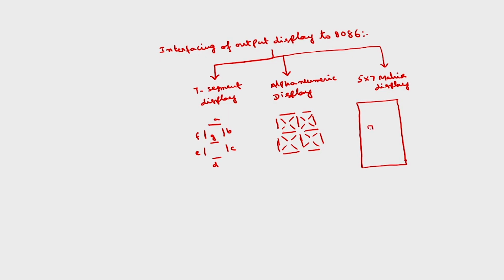So we will be having 5 by 7, which means 5 in a row, and 7 such rows. By appropriately selecting the segments, you can display any alphabets on this display.